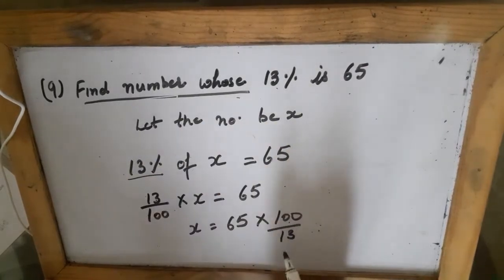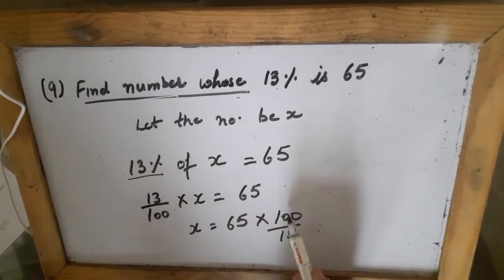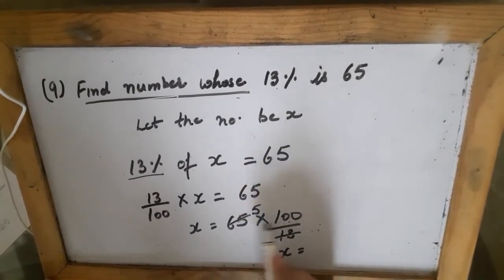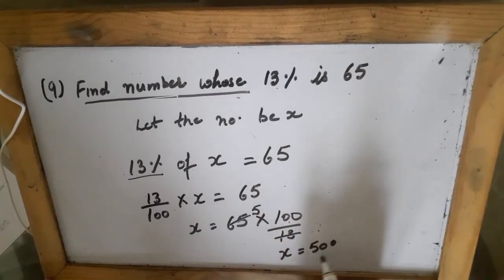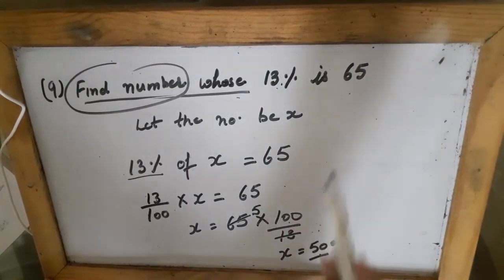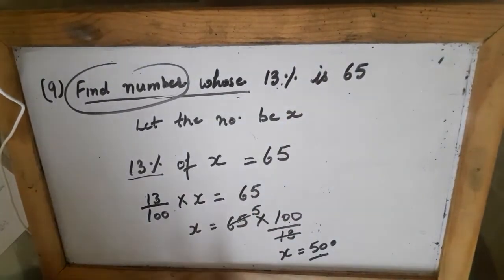So 13 upon 100 will become 100 upon 13 that side. So 13 5s is 65. So x is equal to 5 into 100, which is 500. So which number is that? The number is 500. So it means that 13% of 500 is 65.